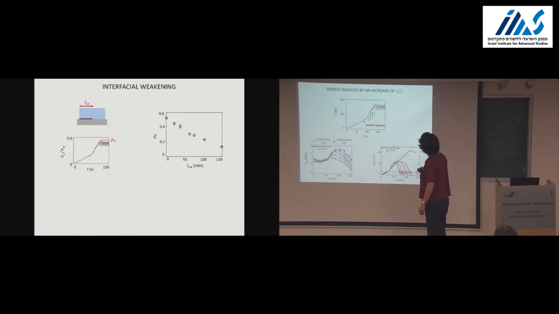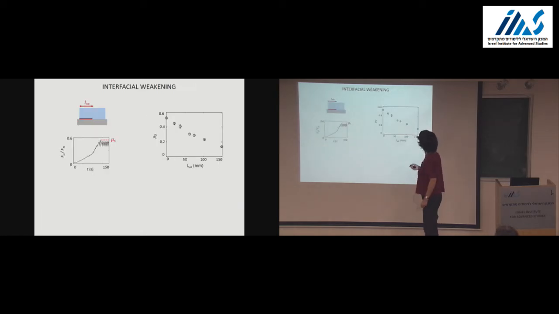And I would like to open a parenthesis on the weakening process of a lubricated patch. Obviously, when I apply a patch of lubricant like that, I reduce mu s, the macroscopic static friction coefficient. And the longer the patch, the smaller mu s. This is this plot here.